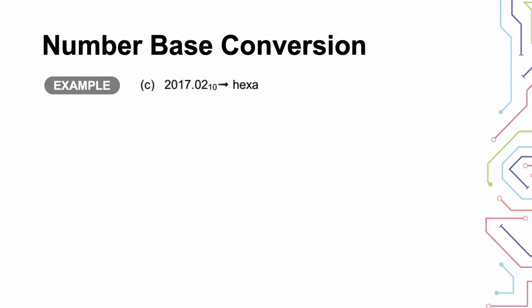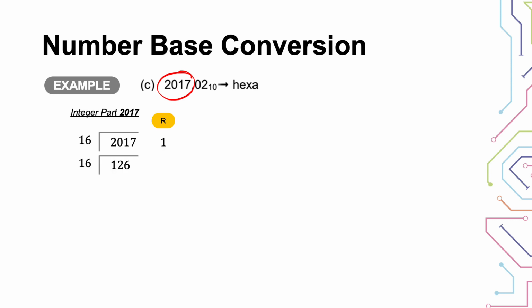Okay, next, what if kung hexa? Wala na, expert na kayo ta. Kaon lang nato ang integer part nato nga 2017, and then mo na ato ang himuon. So ang remainder 1. Ang integer result sa pag divide sa 2017 og 16 is 126. Remainder na to 14, 7.